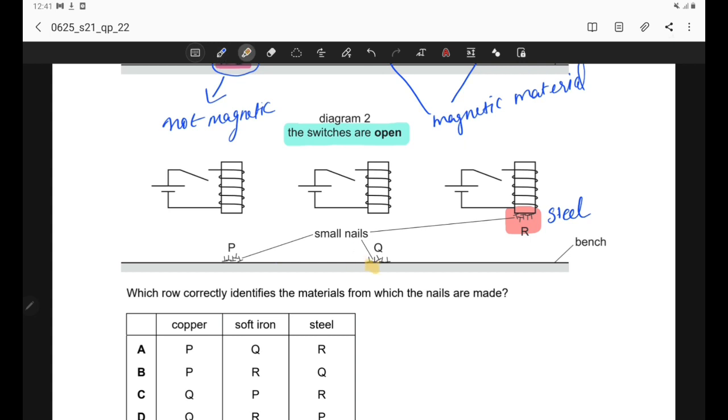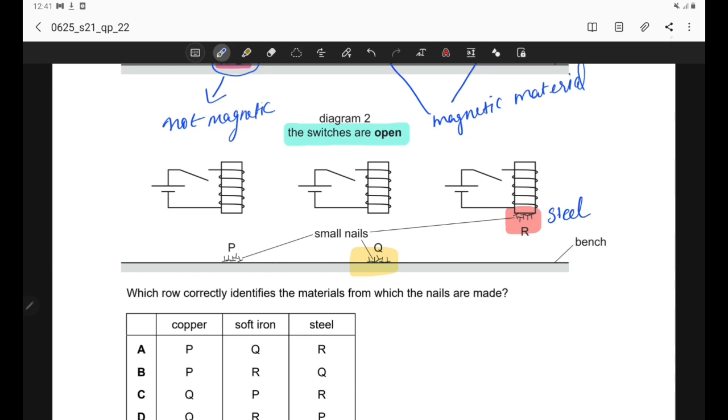But for nail Q, what happened? The moment the switch is open, the nail Q falls down. The reason is the nail Q is made of a magnetic material. That's why it gets attracted. But this material cannot retain its magnetic property for long. Once the switch is open, it lost its magnetic property completely.